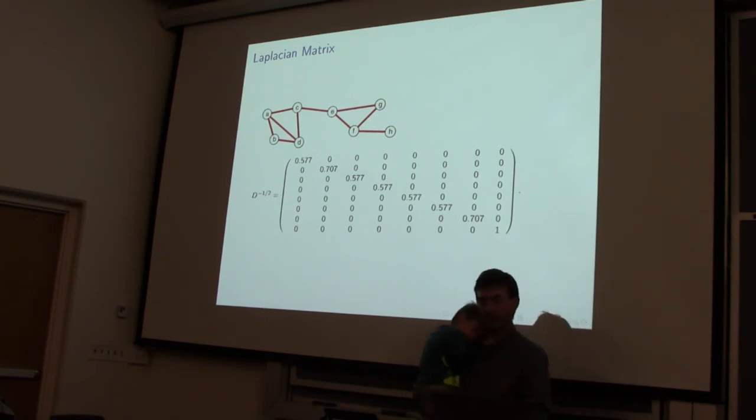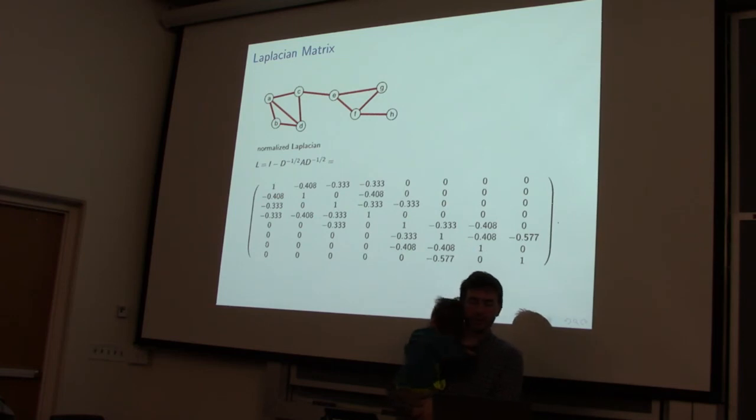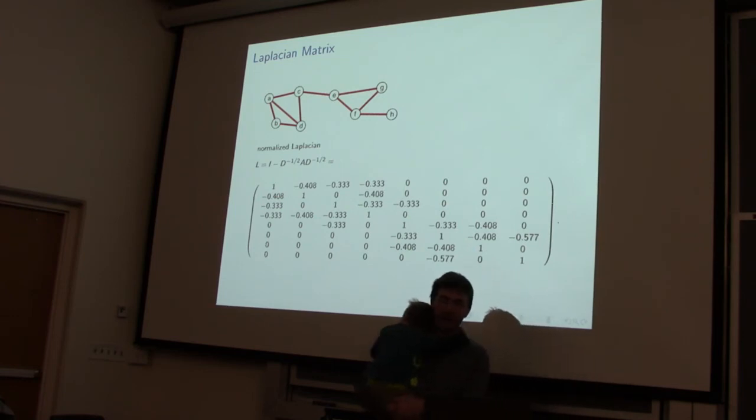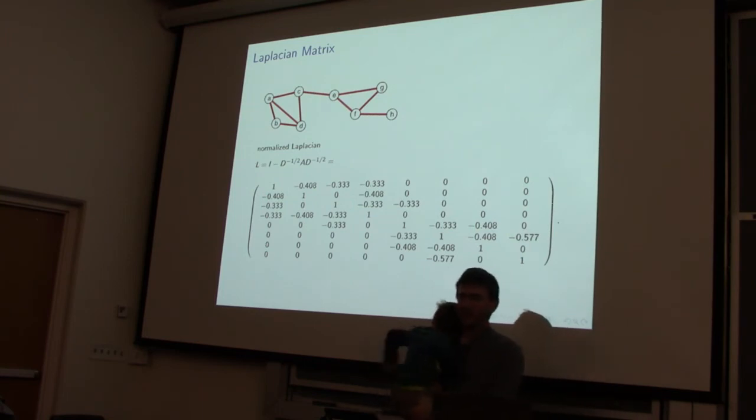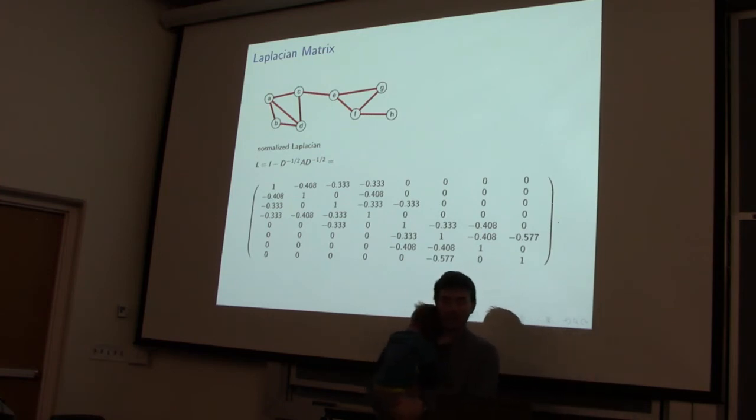Okay? So then I create the normalized Laplacian instead as I, the identity matrix, minus D to the minus 1/2 times A times D to the minus 1/2. So it's a bit more complicated, but the diagonal is now all 1s, and it's going to be symmetric and has zeros in the same spots as before.